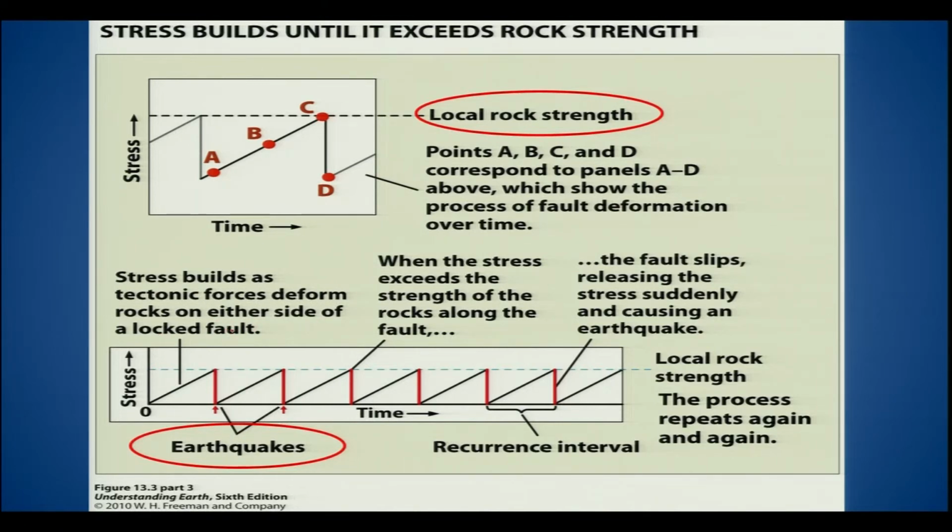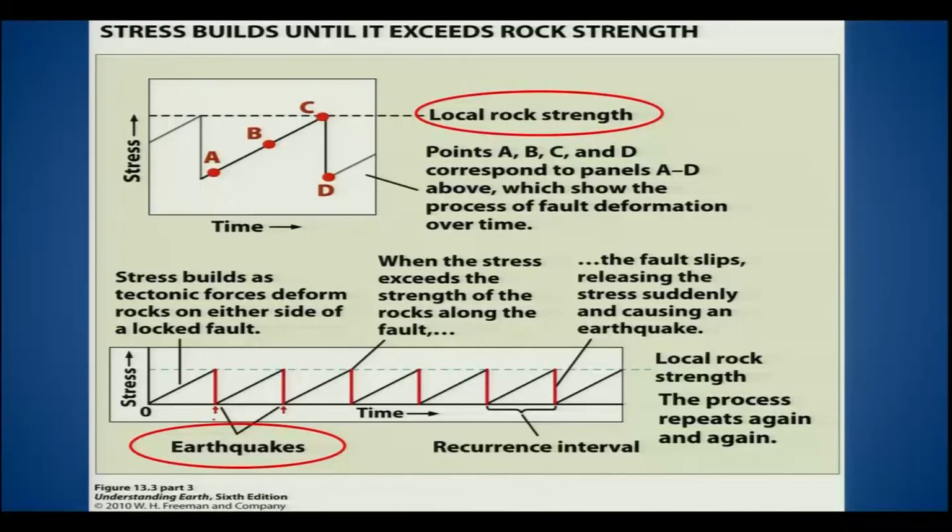For example, suppose you have two blocks of rocks and there is a weak zone. This is what I am showing here. To some extent it will be locked. If I apply pressure from both my hands, then pressure is developing between them, but it is locked.